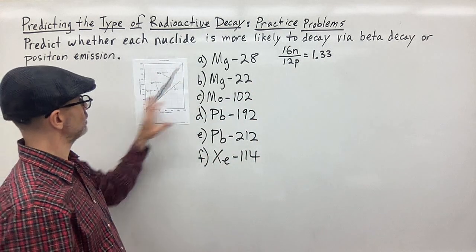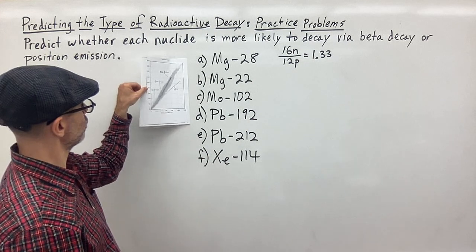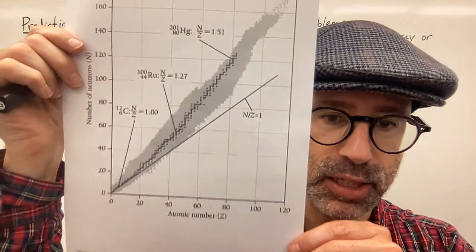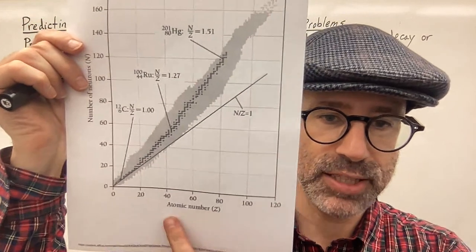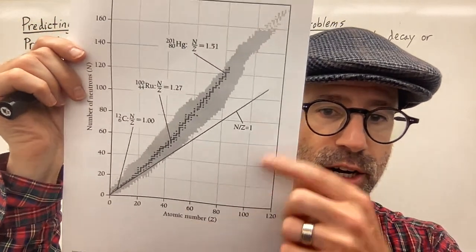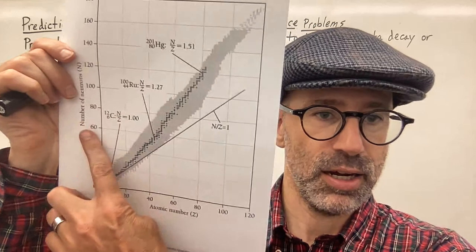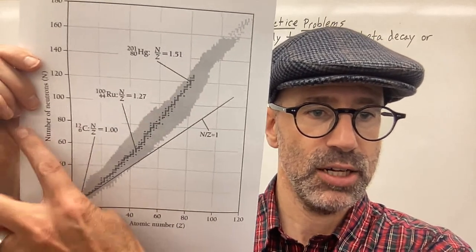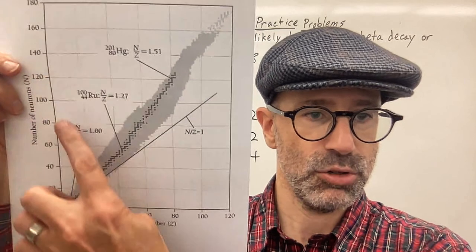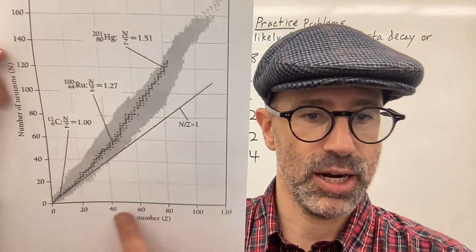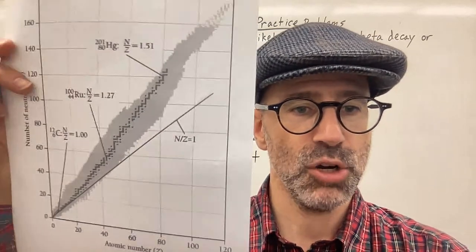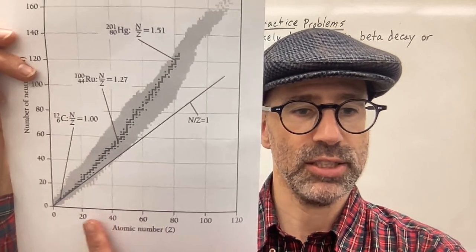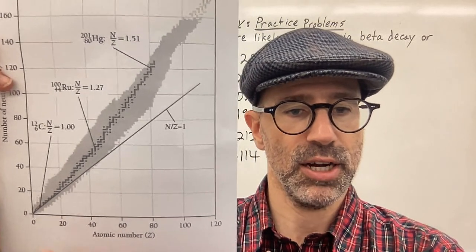And this is our band of stability. So let me take this off and bring it closer. Here in the band of stability, we have the atomic number Z, and up here we have the neutrons, N, the number of neutrons. So here we have the neutrons, and here we have the proton number. Magnesium, as we said, has 12 protons, so that's going to be over in this area here.